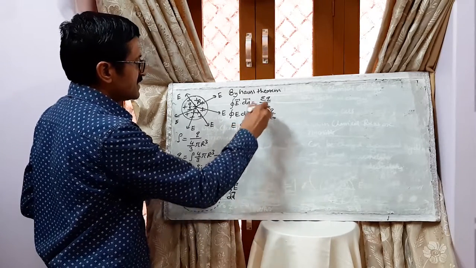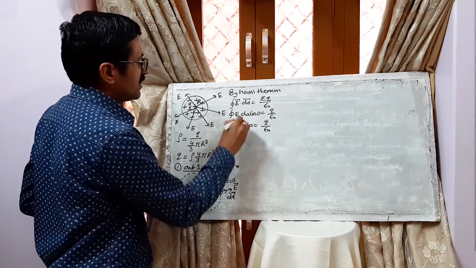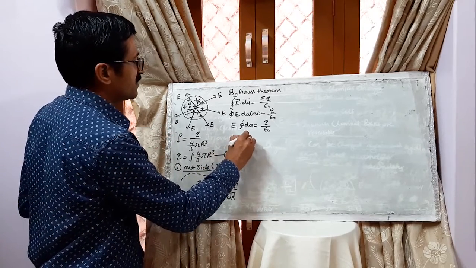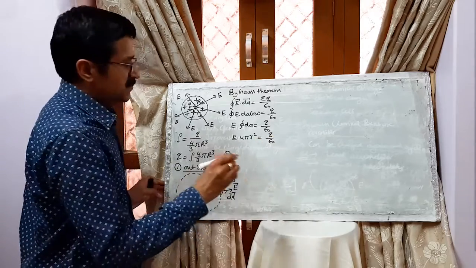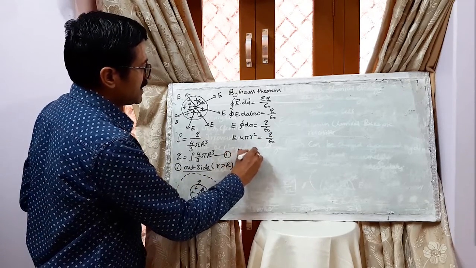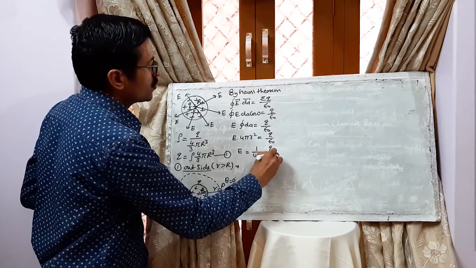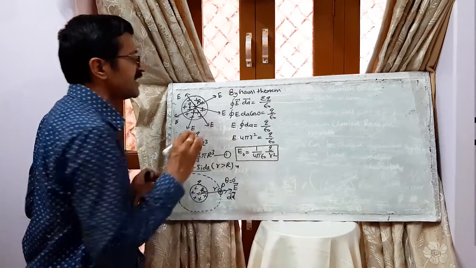Integration dA is equal to Q upon epsilon naught. Then it will be E into integration dA, which will be 4 pi r square. It will be E into 4 pi r square is equal to Q upon epsilon naught. Then E is equal to 1 upon 4 pi epsilon naught Q upon r square. This will be the electric field intensity outside.